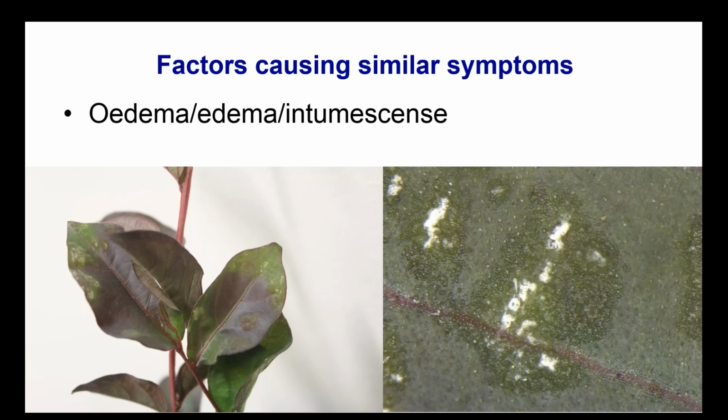These are just a couple of examples of how it can look, and a couple of examples of scenarios that can result in it. But it can often look similar to a burn, and sometimes similar to a leaf spot pathogen particularly.